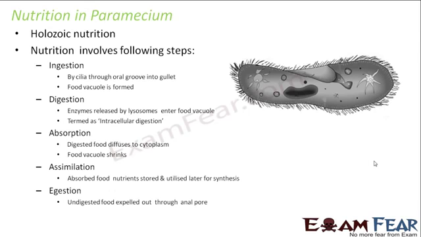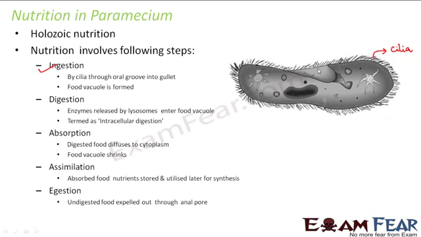So the first step, that is ingestion. How does the intake of food take place in case of paramecium? By cilia through the oral groove into the gullet. What are cilia? Cilia are the fine hair-like structures on the outside. So these are the cilia. What is the oral groove? Oral means mouth.